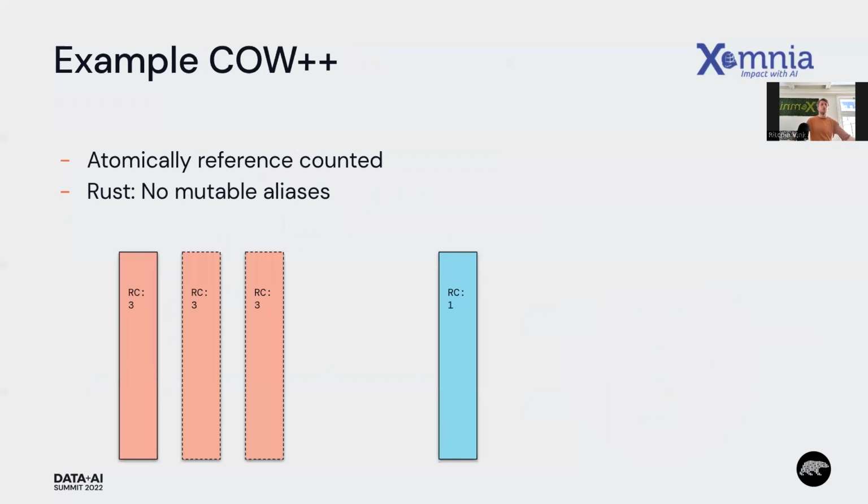An example of something we get thanks to the borrow checker is copy on write semantics, but then sort of special. So our memory buffers are atomically reference counted. That means that if you make a copy, we increment the reference count. And if the reference count goes to 0, we deallocate the memory.